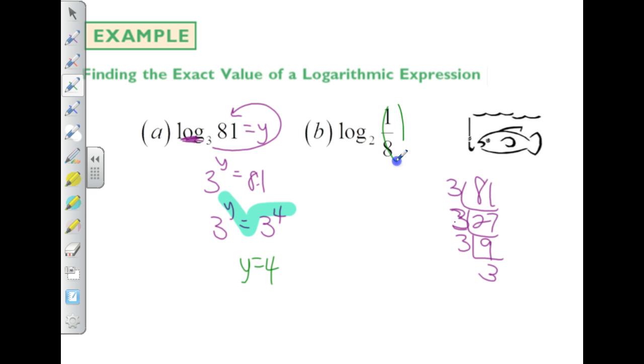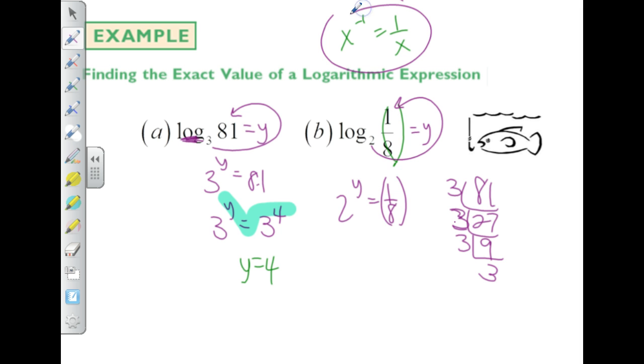Over here, don't forget about your x to the negative first property, which is your reciprocal property. So the reciprocal of 1/8 is 8 to the negative first. Let's first of all set this equal to y and do the fishhook and say 2 to the y equals 1/8. Then I'll apply the reciprocal property. I'll throw one more step in here so you can hopefully clearly see this.